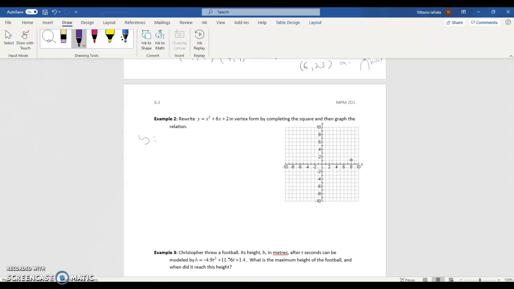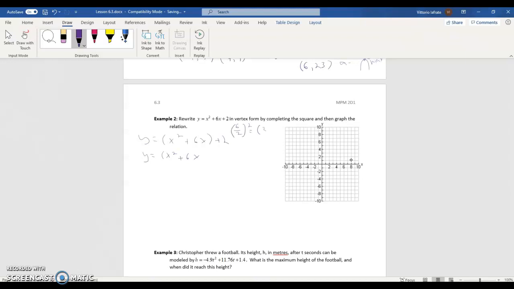So y is equal to, let's open the brackets there, x squared plus 6x plus 2. Common factor is 1, so our a is going to be 1. Y is equal to, so we can find the value that will make this a perfect square. So x squared plus 6x. Take your b value over here, 6 divided by 2, and then square it.